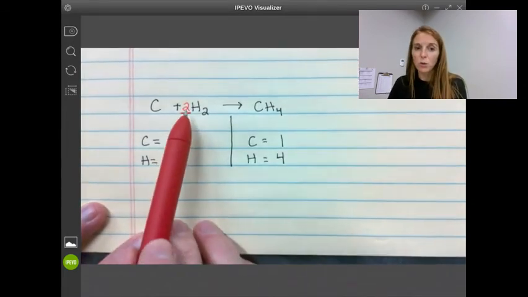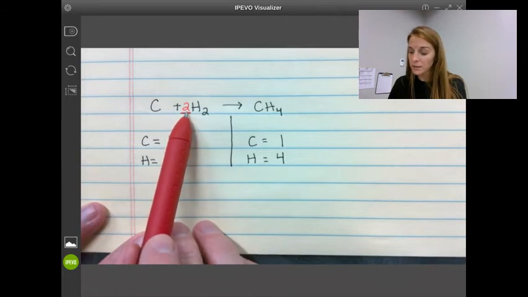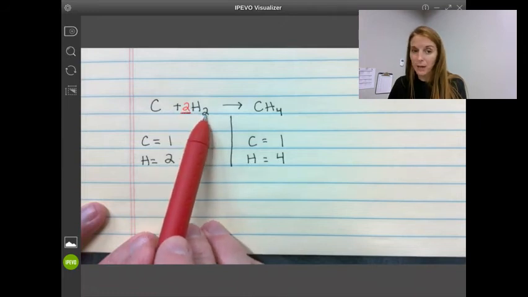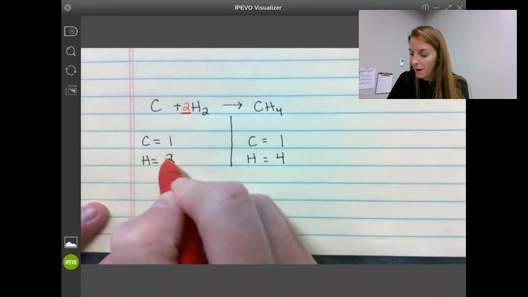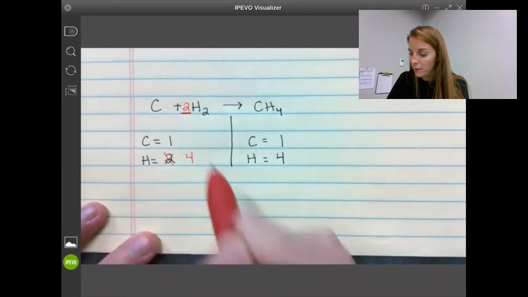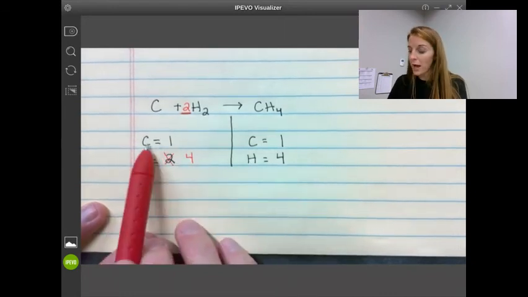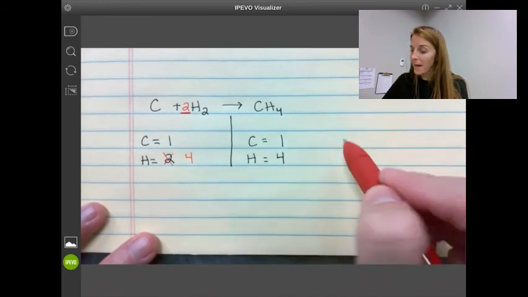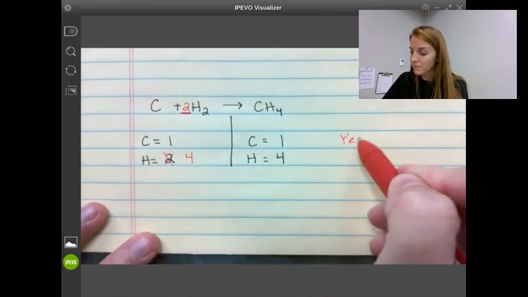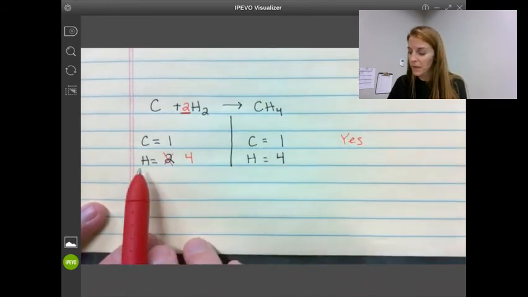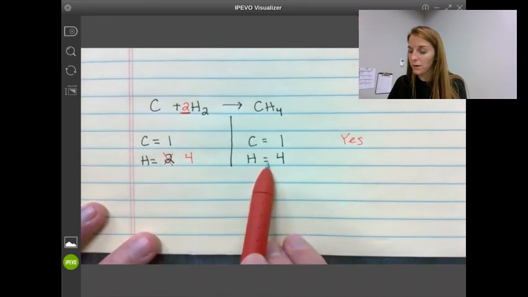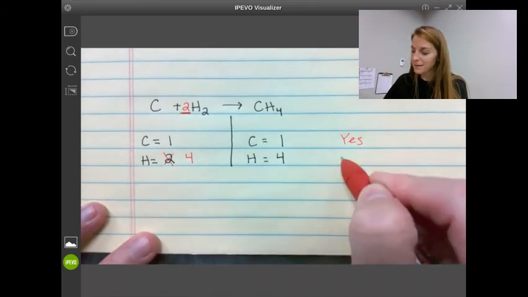So if I put the coefficient of 2 in front, I'm going to multiply that by 2. And so now I have a new number of 4. So now C1, C1, is that balanced? Yes. And then I have H4, H4, is that balanced?